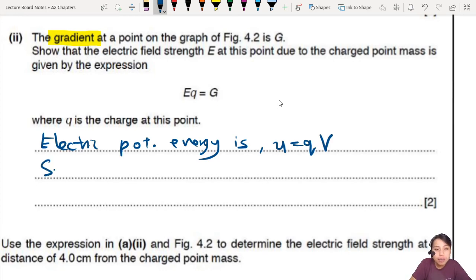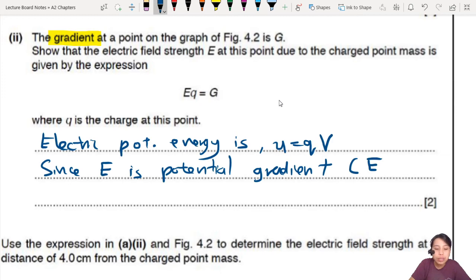And since the electric field strength E is the potential gradient, do you have to write out the whole thing? Yeah, I would recommend it, because sometimes they accept equations, sometimes they don't. So I'm shortcutting here, but you should write out the whole thing.